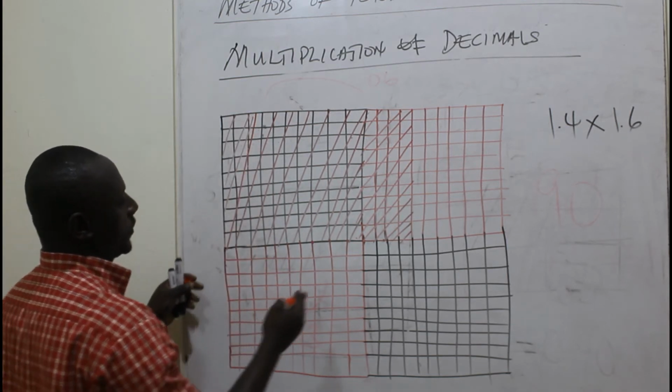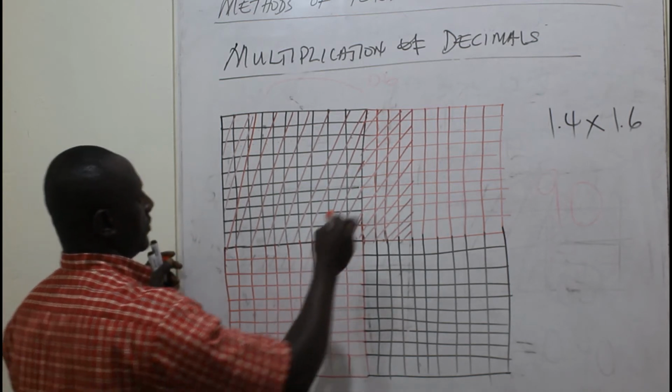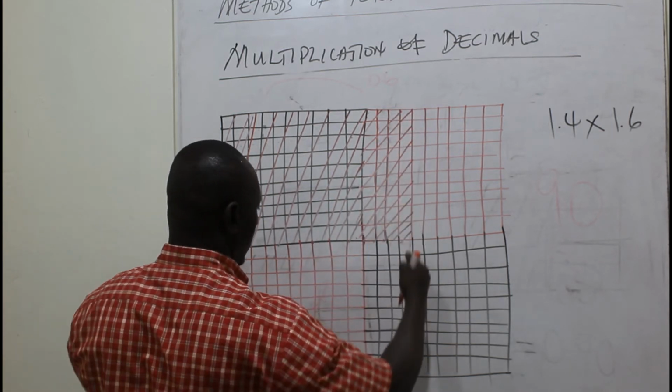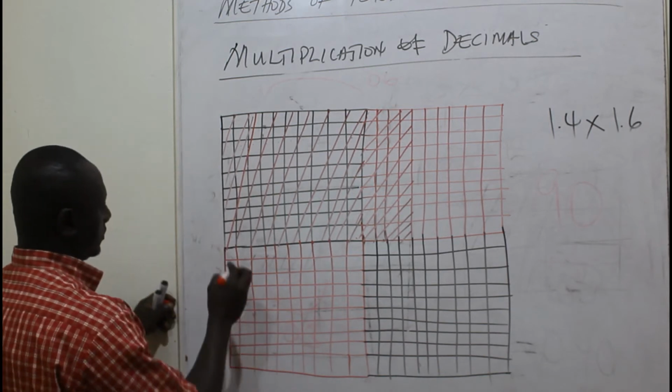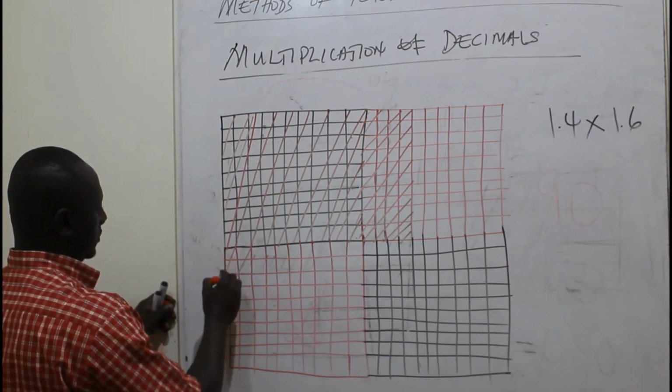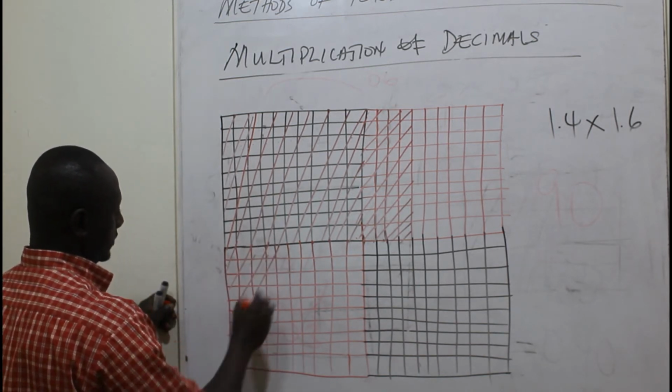Okay, but we need to shade down so that the whole of this is going to cover 1.4. Shade down like this.